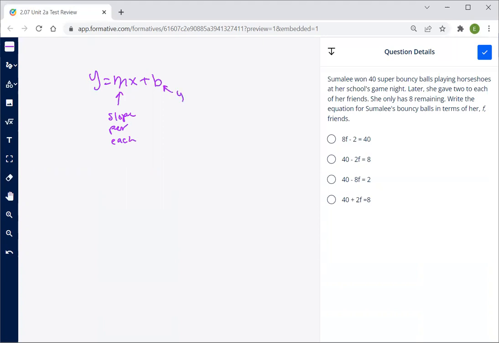And then b is your y-intercept, or your initial value or starting point. Okay, so if I read through my story, the first thing it says is 40. Okay, and it says that that's how many she won. So that's her starting value. Okay, so that would be her B.